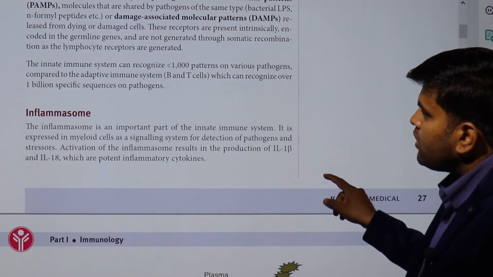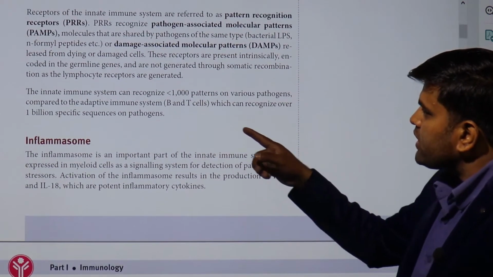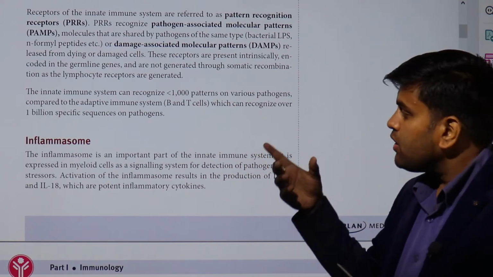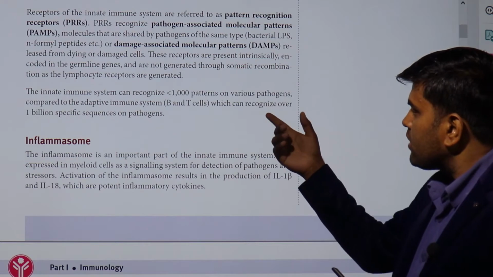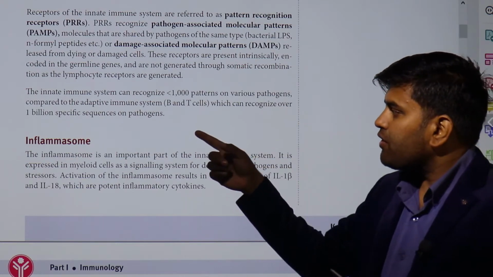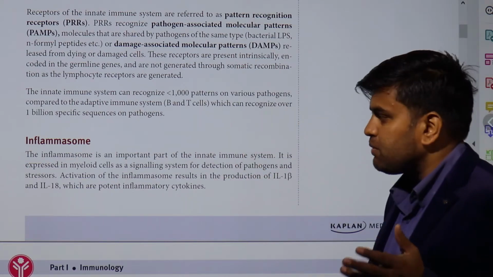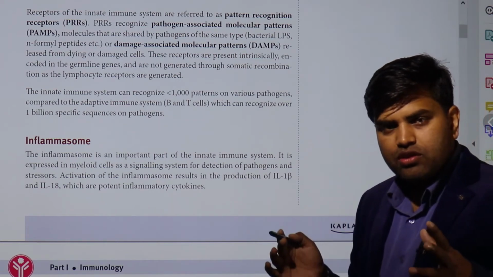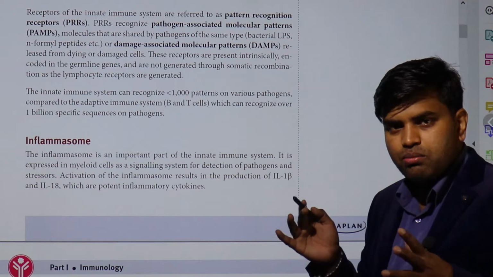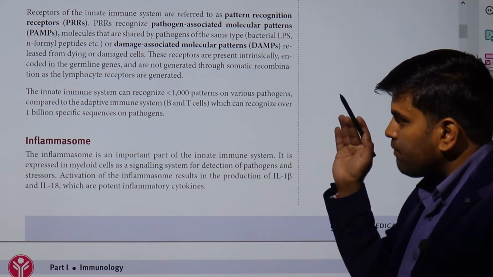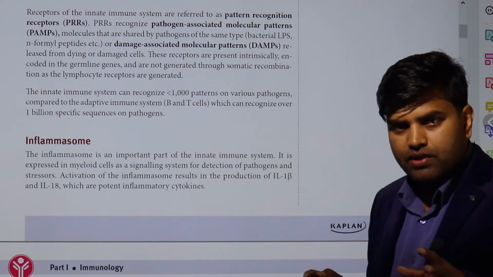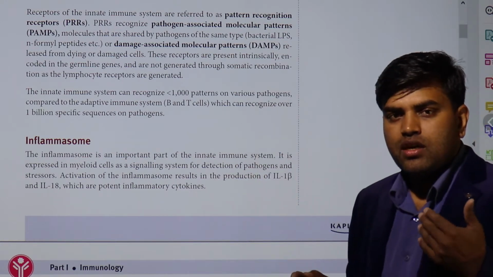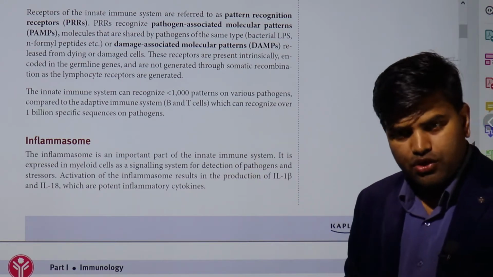Moving forward, initially we talked about how the innate immune system can recognize only a few patterns, but when the adaptive immune response comes, it can recognize more than 1 billion specific sequences on pathogens. So obviously the adaptive immune system, that is the monoclonal antibody system, will be more specific in dealing with the infection, but it comes only after 1 to 2 weeks of the infection entering your body.